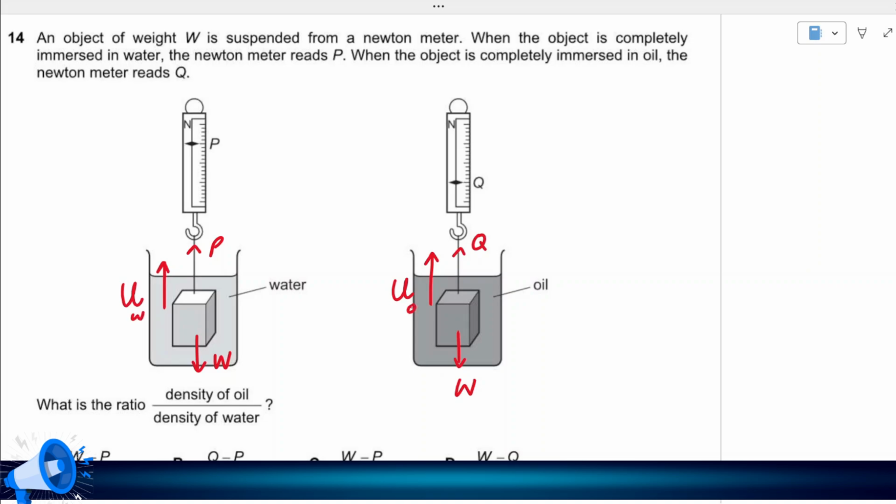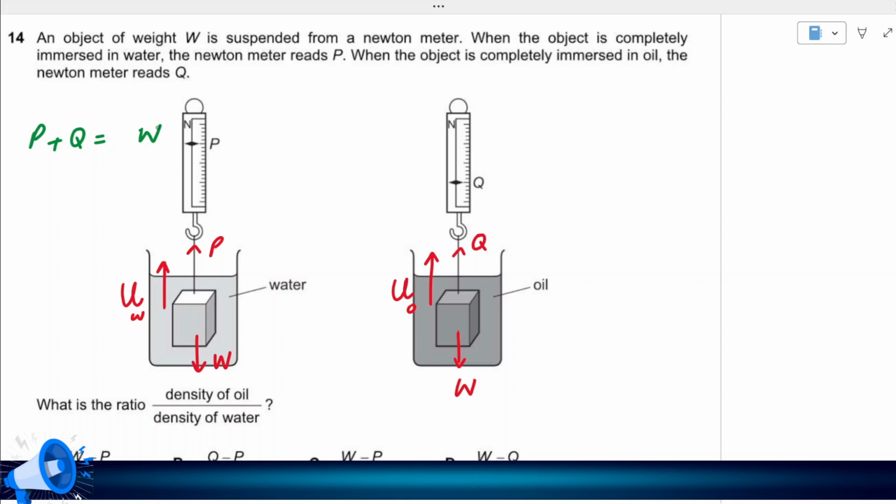Now if we can form the equation of the first one, for the second one the equation would be identical. The only difference would be the value of upthrust. So the expression would be: upward forces equal the downward forces.